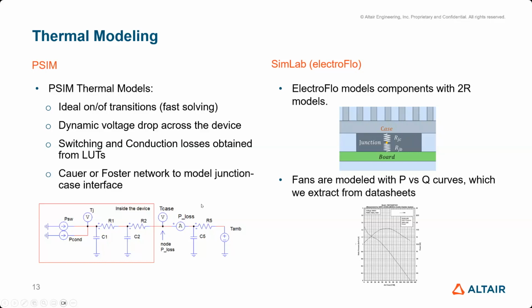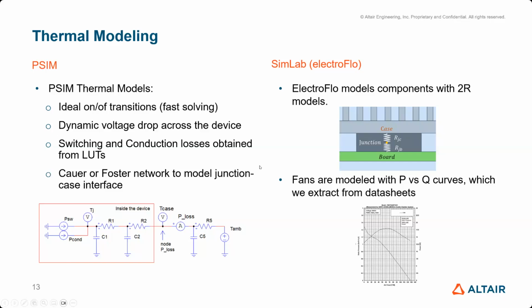And last but not least, we model the interface between the junction and the case by using either a Cauer or a Foster network. And outside of the device, we can place another thermal network, which could be representative of our cooling solution, maybe a heatsink if it's passive. Now on the SimLab side, it's fairly simple.